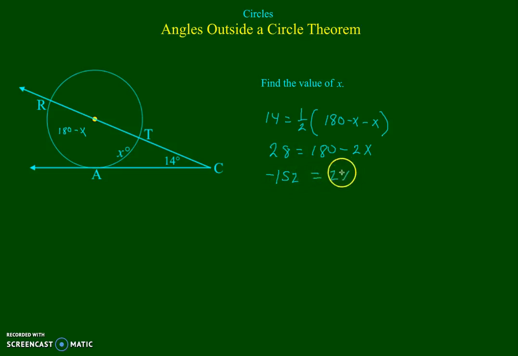That equals negative 2x. Now if I divide by negative 2, I get 76 equals x. So this angle is 76 degrees. So that wasn't too terribly bad. It's just a question of figuring out what measures you have based on the information provided by the picture.